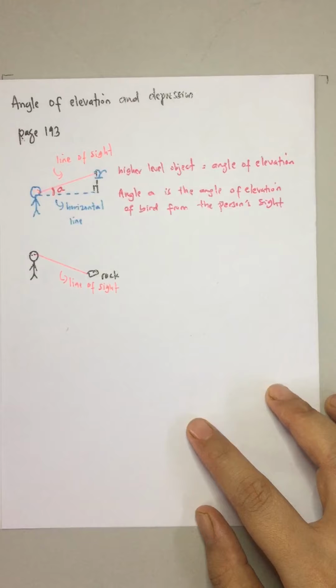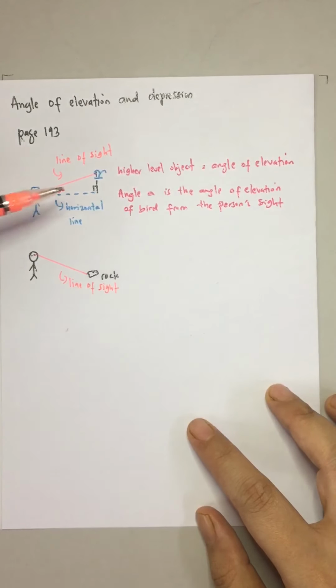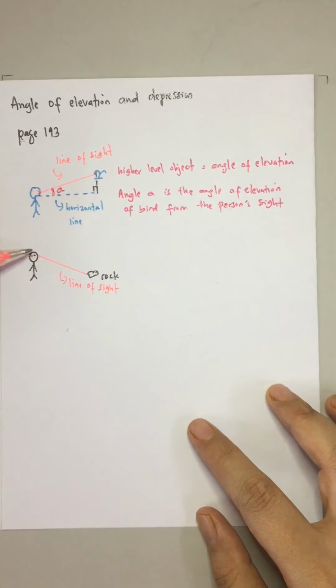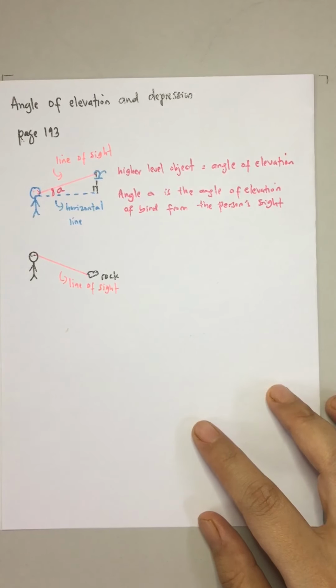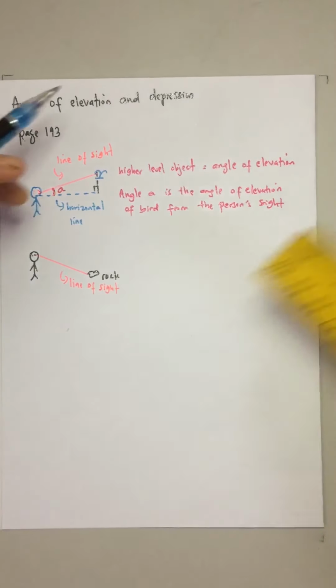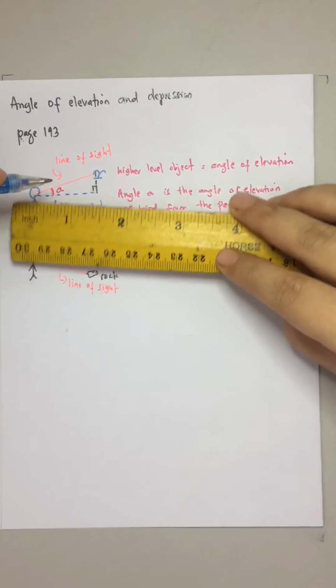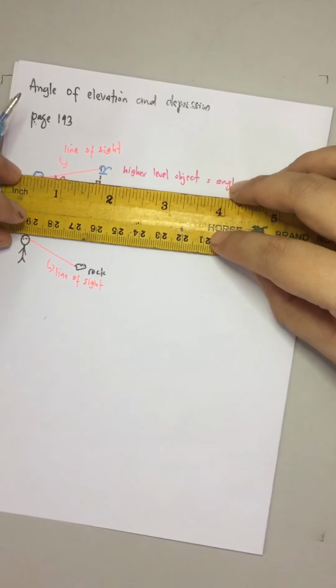And then we draw the horizontal. The horizontal must start from the person, not the object, the subject, the person. So never draw this. Draw from this person.